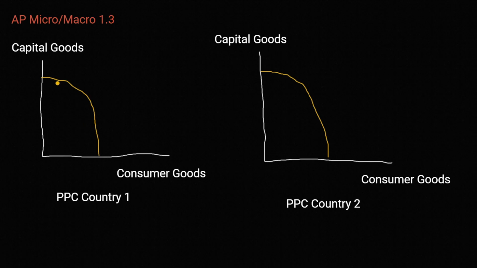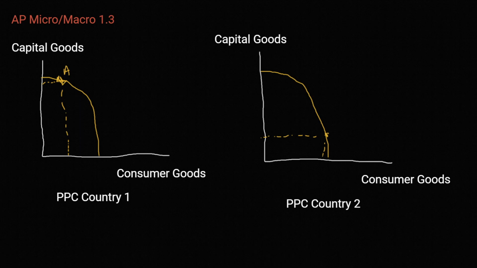So country one likes capital goods. They're doing a bit of consumer goods, but they like capital goods. And over here, they like consumer goods. So the yellow represents our current production possibilities curve.